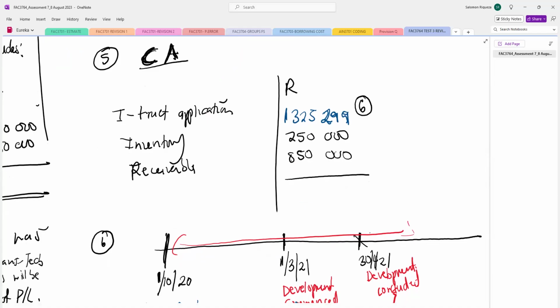Let's continue. So now that I have my carrying amount, which I used in calculation number 6, I already put it here. So I have all the assets put together, and I can calculate the total carrying amount.